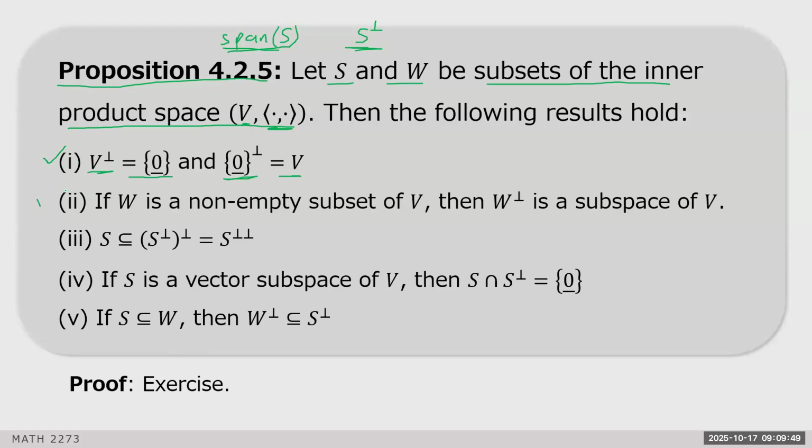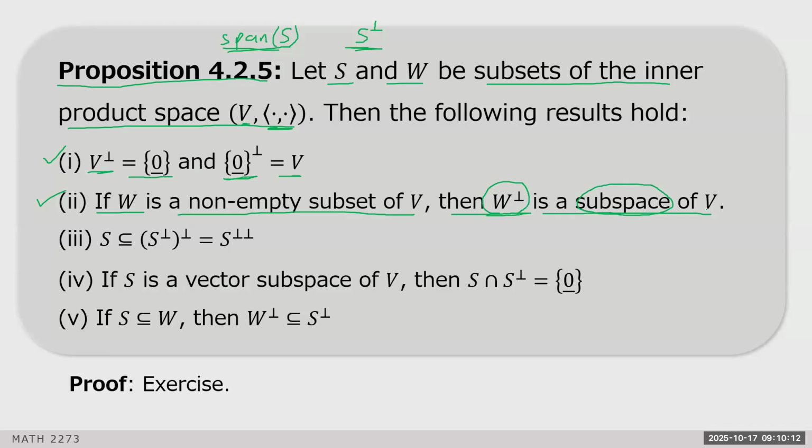The second one is what I just said. If W is a non-empty subset of V, then the orthogonal complement of W is a subspace. So these orthogonal complements we were taking, not only are they sets, they are subspaces.